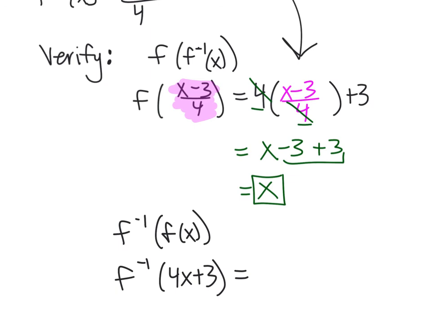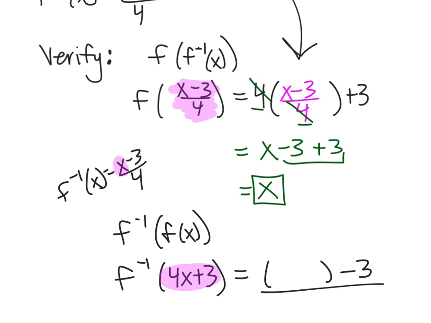So our inverse, let me write it over here so I can reference it, we said was x minus 3 divided by 4. So we're going to substitute in 4x plus 3 into that x spot. Everything else is going to stay the same. So we're going to keep the minus 3, and we're going to keep the divided by 4. We're going to substitute in the 4x plus 3, and then simplify.